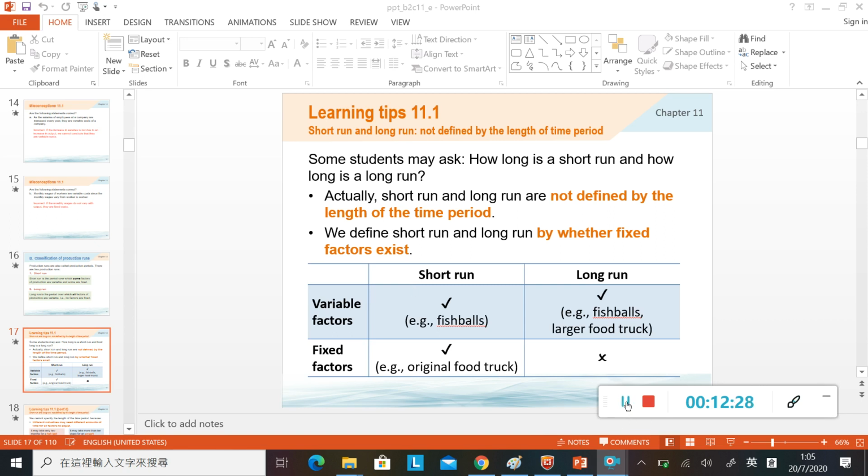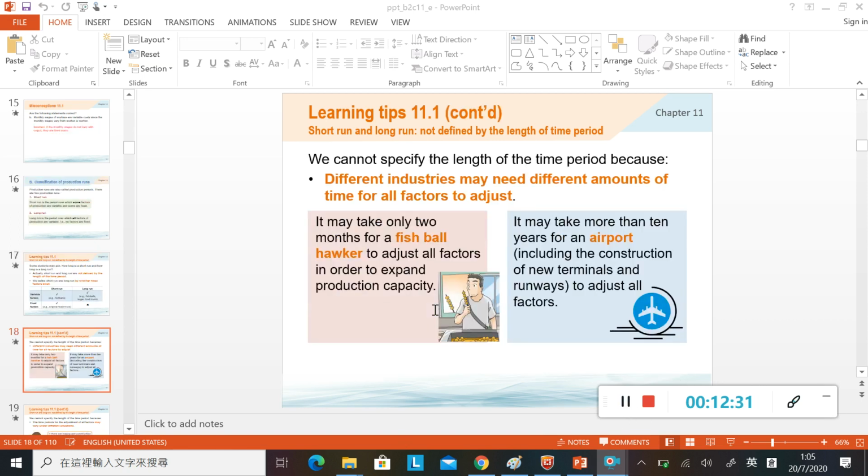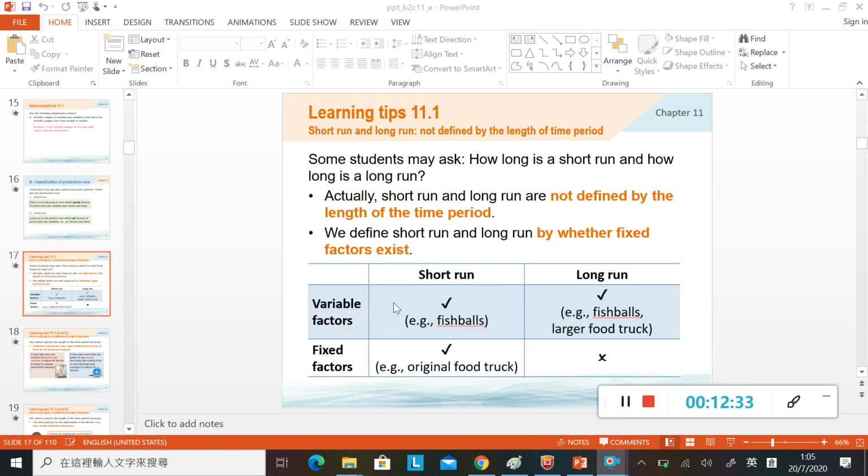譬如呢個 case，佢就話賣魚蛋。如果你 short run 嘅時候，fish ball 就會係你嘅 variable factors，因為你越賣得多串魚蛋，你就要準備越多嘅食材，越多嘅 fish ball，所以 fish ball 應該就係 variable factors。咁可能你都會有啲 fixed factors 嘅，for example the food truck.